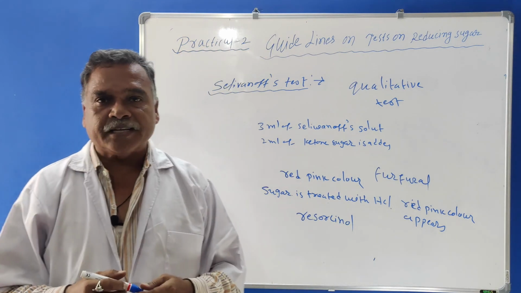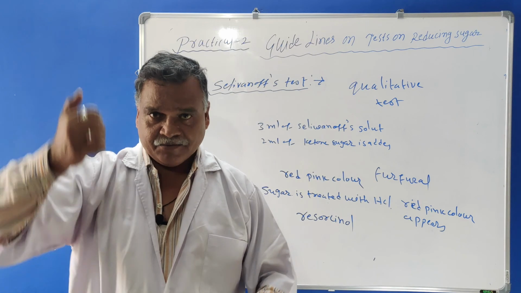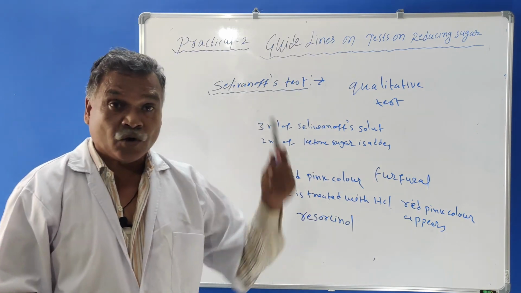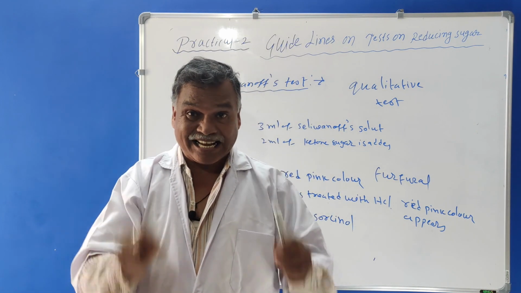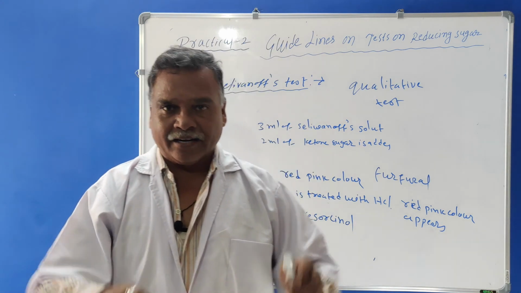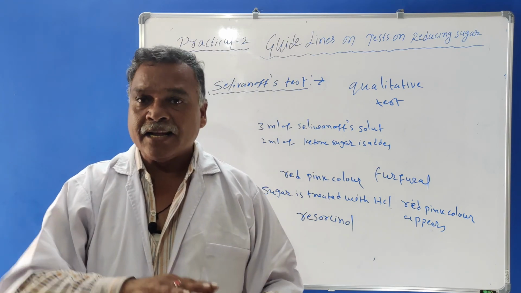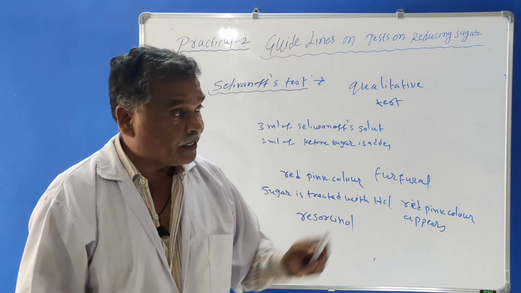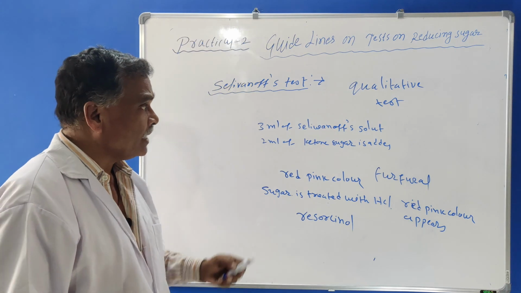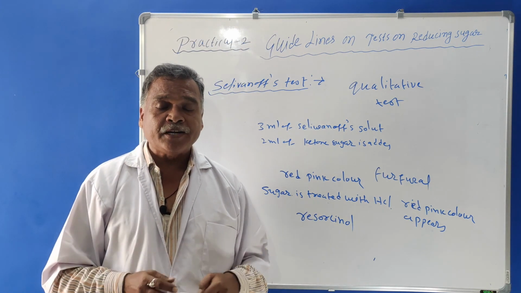In the qualitative test we take 2 ml, 3 ml, 4 ml approximately with the help of the pipette, and in a quantitative test we have to take the fixed amount, whatever is declared in the procedure. So this is the difference between the qualitative test and quantitative test. You must know that this is the guideline for the BDS student from the point of view of the viva.